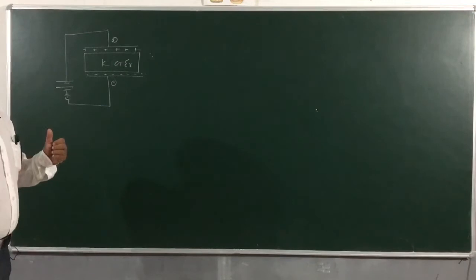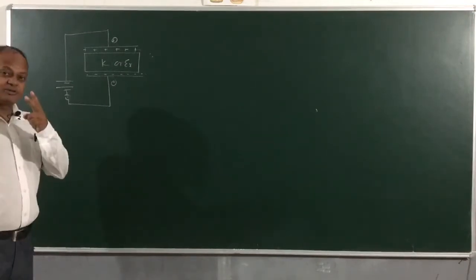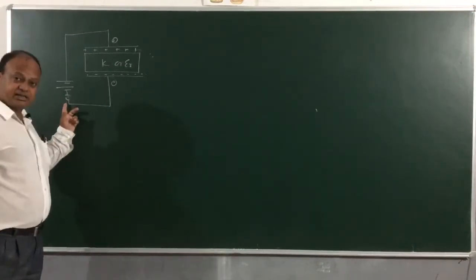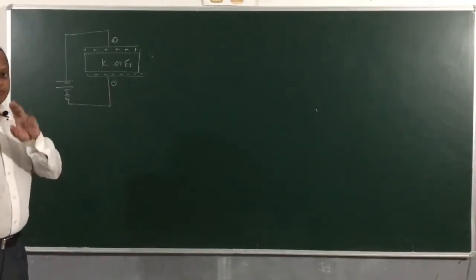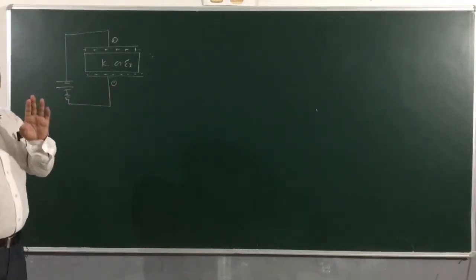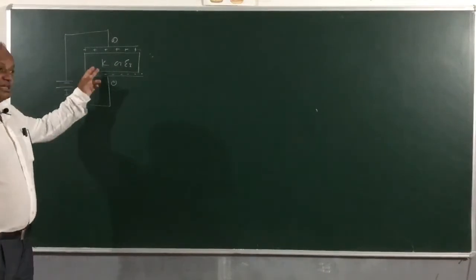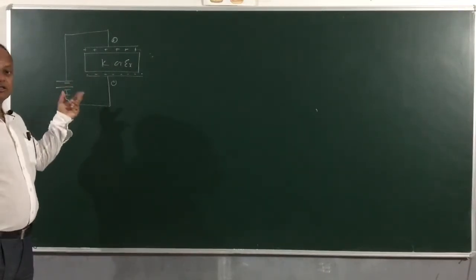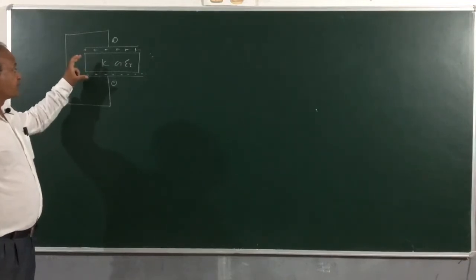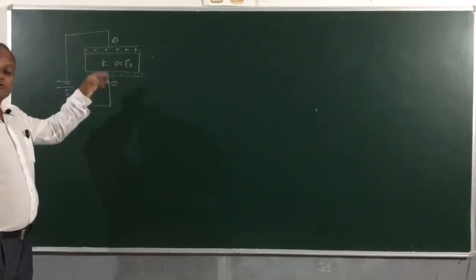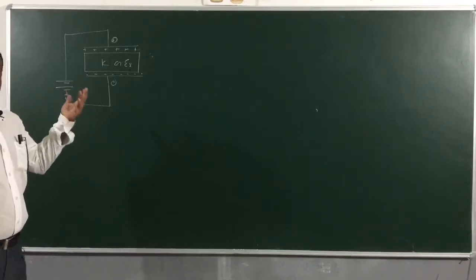So what are the effects? Two cases we will be seeing. Case 1, when the battery remains connected, and case 2, when the battery is removed. You will remember these two cases, very important. Remember whether the battery is connected or disconnected. One thing is sure, that whenever I insert the dielectric slab, the capacitance will always increase K times.